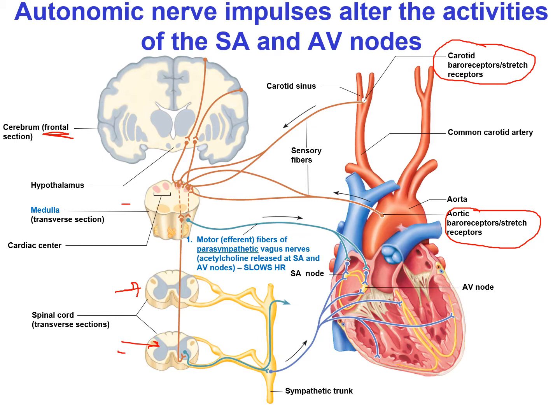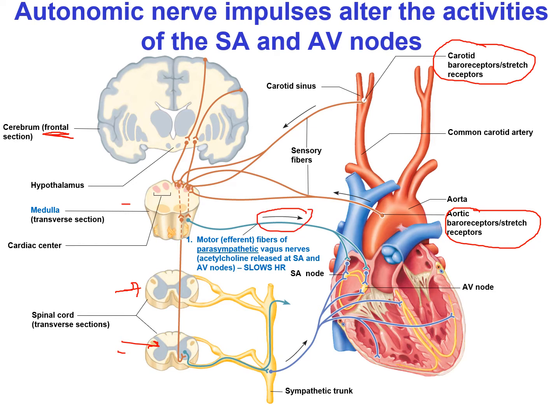And what we want to focus on here is the fact that we have emanating from the brain stem, shown here in blue, from the medulla of the brain stem, efferent motor nerve fibers that are traveling from the brain stem toward the heart.